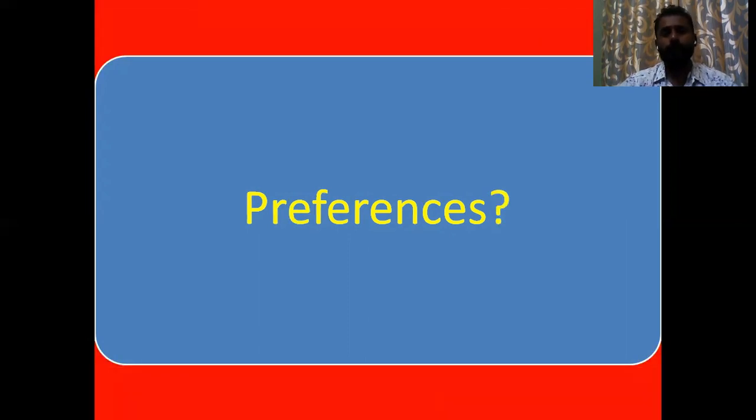What do you understand by preference? When I say that I prefer A over B, what does that mean? When do you use the word preference? Pause the video for a while and think it over.